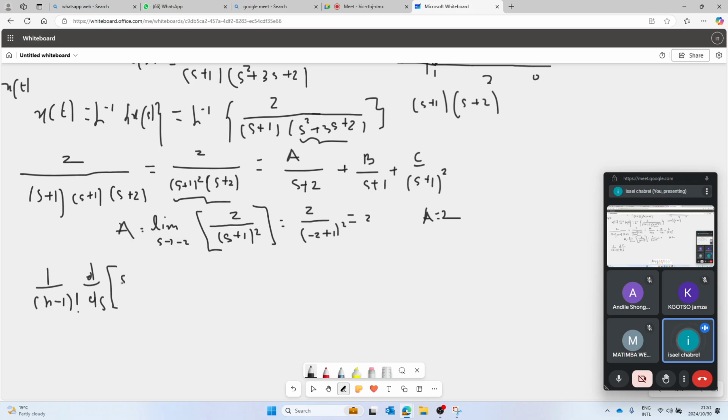Let's say it is s plus 1 in this one here, d ds of s plus 1, let's say squared, multiplied by f of s. This is what the formula is saying.